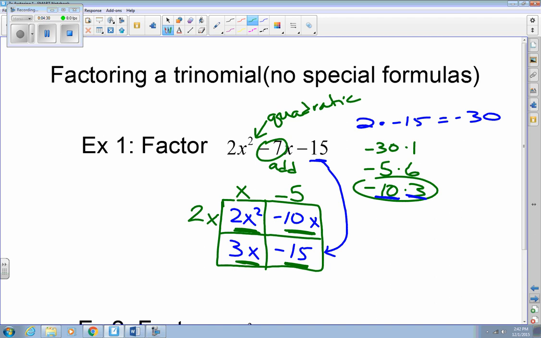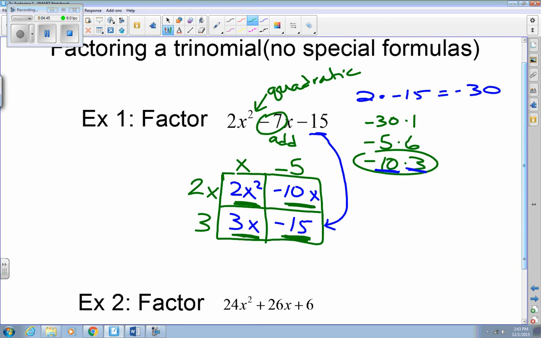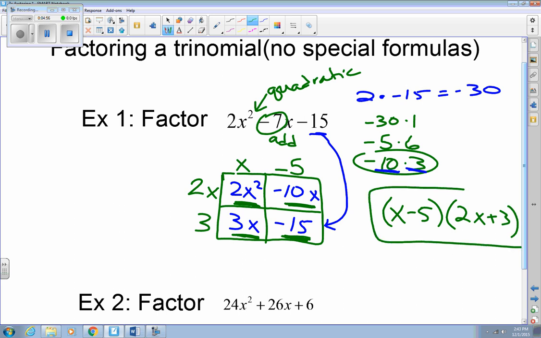They're not both negative, so we won't take a negative out. And negative 15 and 3x, the greatest common factor is 3. Now the factors are actually on the outside. So our factors are x minus 5 and 2x plus 3. Those are your factors here. Okay, moving on.